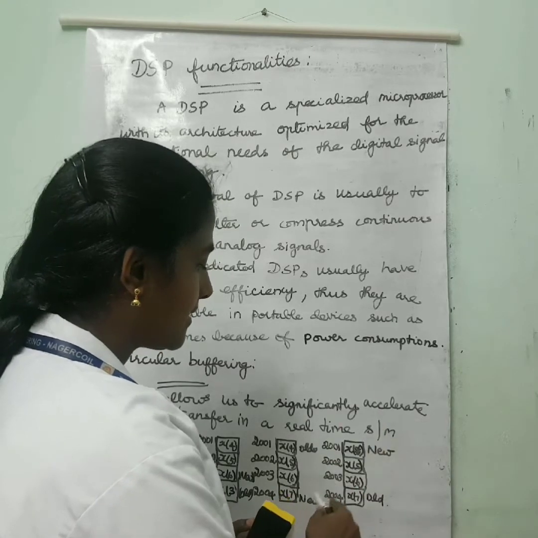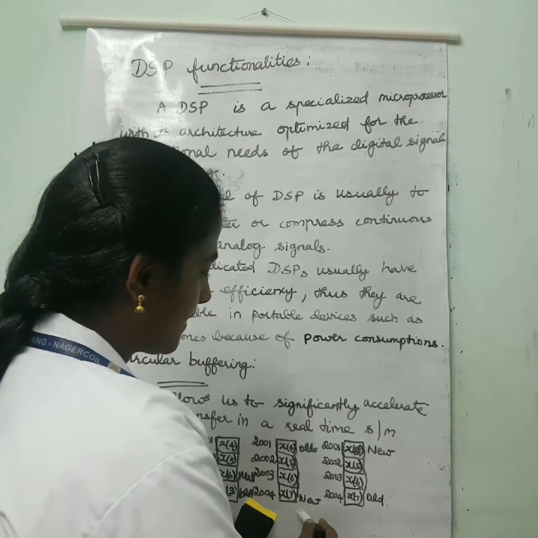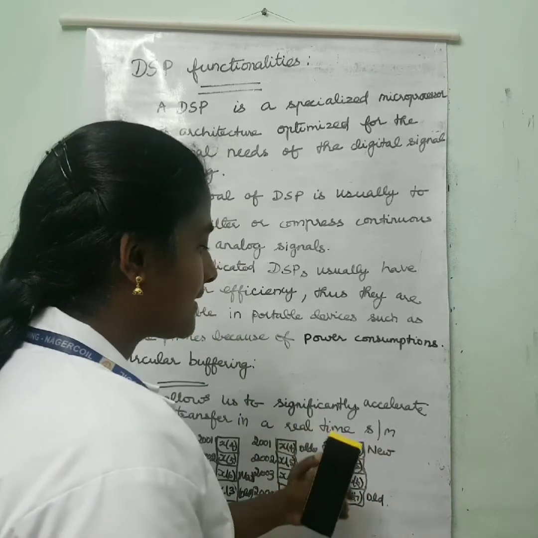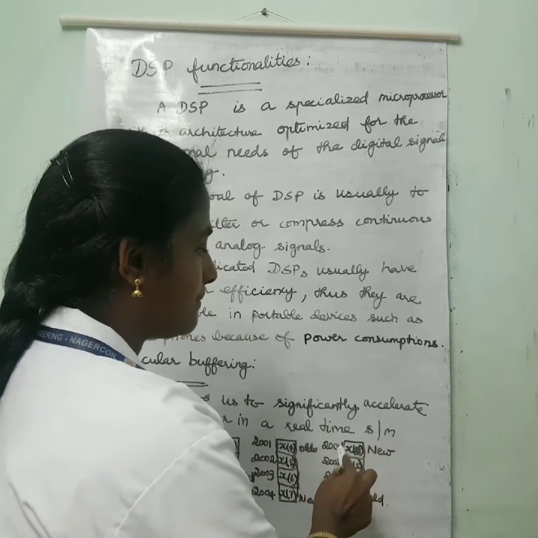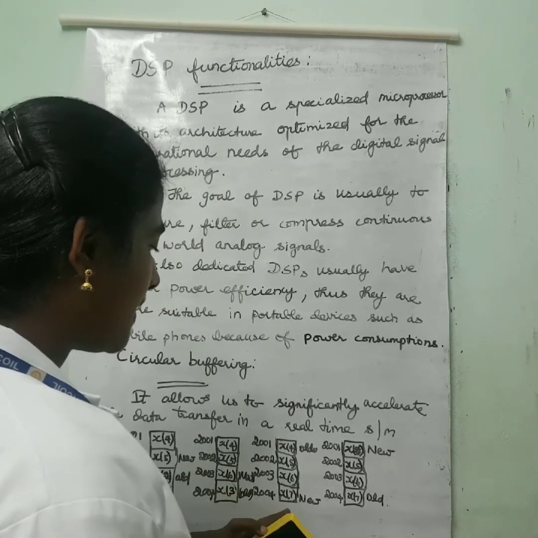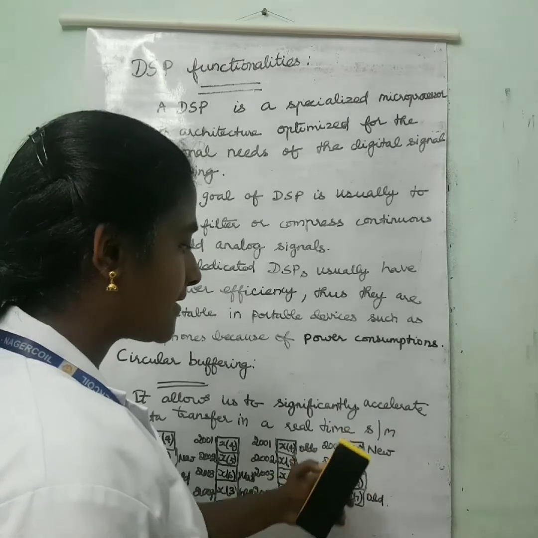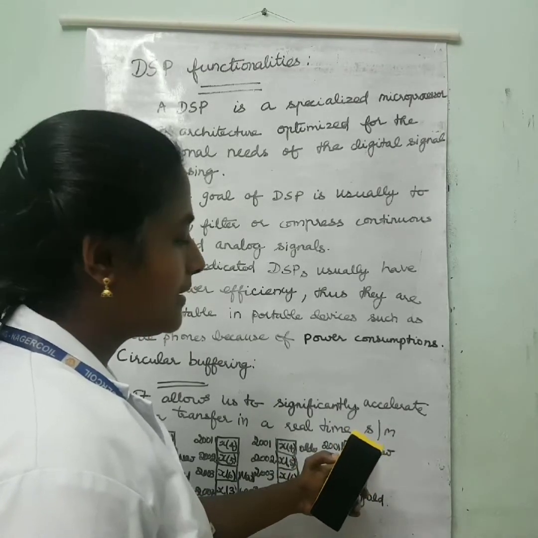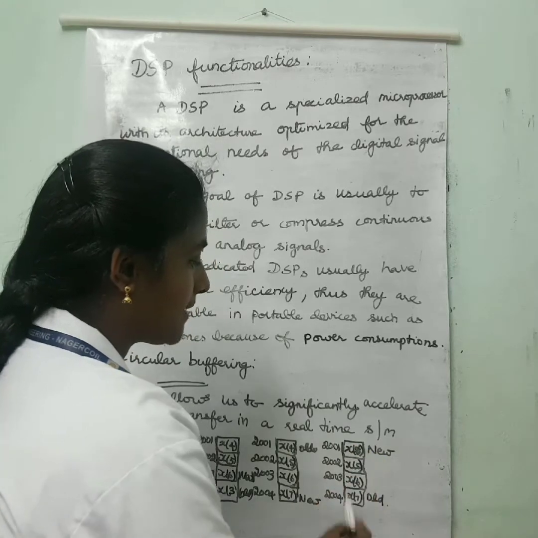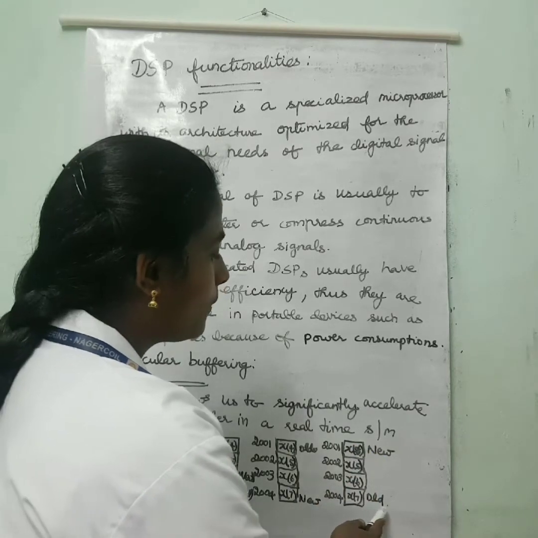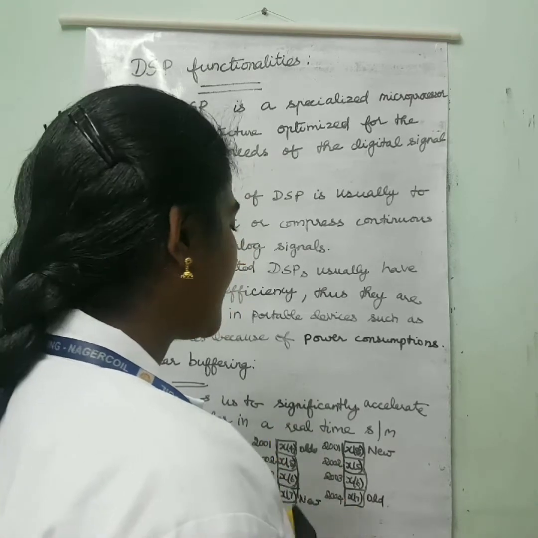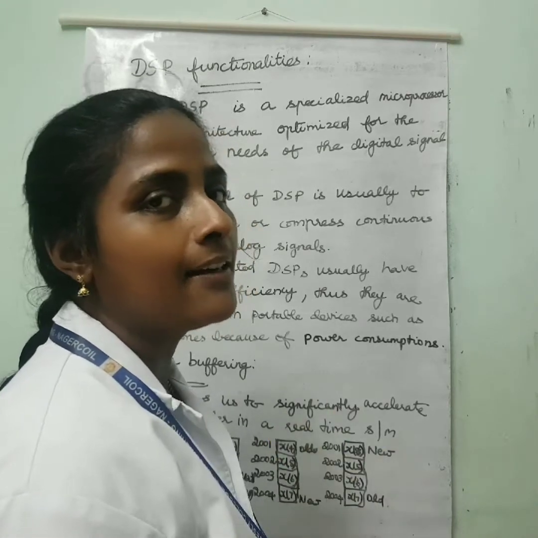Then the sample is the last element, so in the next stage our new sample is in the first one. x of 8 is here and this becomes the old sample. That is why this is called circular buffering.